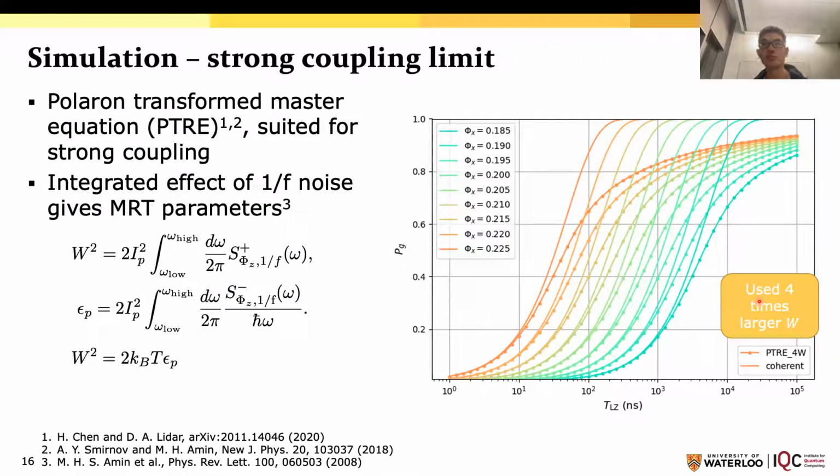And this is quite common in other flux qubit devices, in that typically when you measure the MRT width, it comes out to be a bit larger than the integrated 1/f noise.